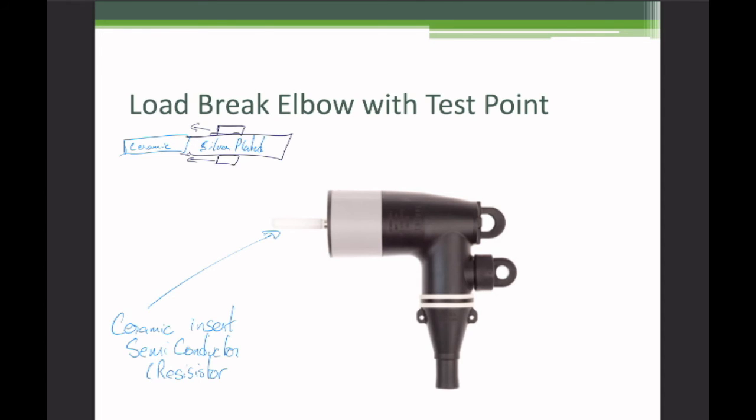And it climbs very, very quickly, so that by the time these contacts slide off the edge of the ceramic insert, the resistance is so high that the current is functionally dropped to zero. And so your load current, as you slide it out, drops off very much in a similar style to the way a current limiting fuse operates to drop your current to zero.